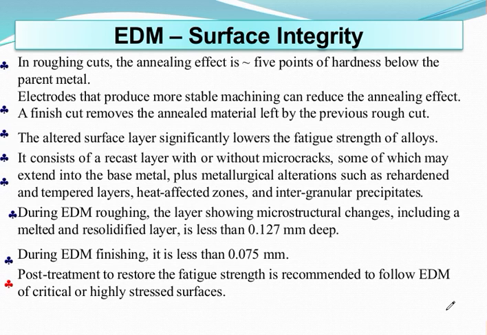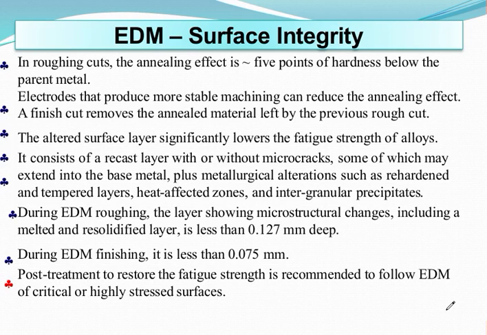A finish cut can remove the annealed material left by the previous rough cut, and the altered surface layer significantly lowers the fatigue strength of alloys. It consists of a recast layer with or without microcracks. Some of these may extend into the base metal.